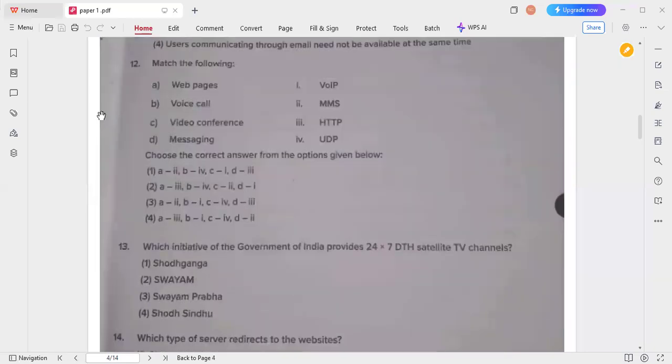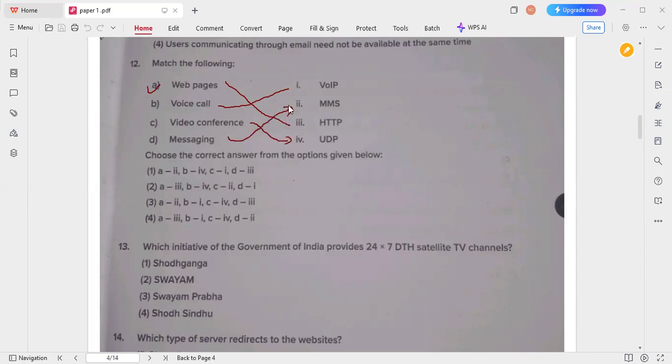So next is match the following, 12th one. Web pages means HTTP. Then voice call, B. Then video conference, C, is UDP. Messaging, MMS.